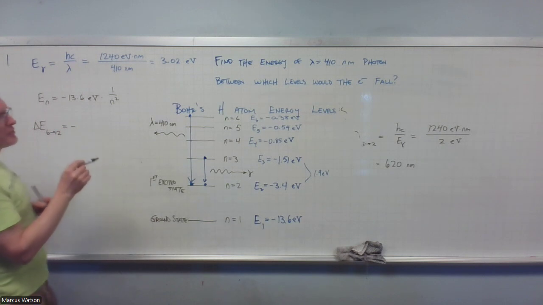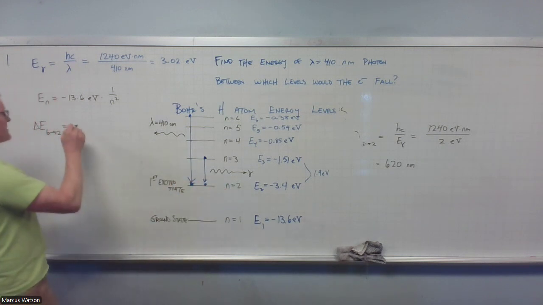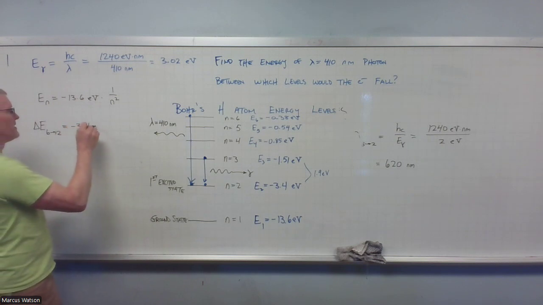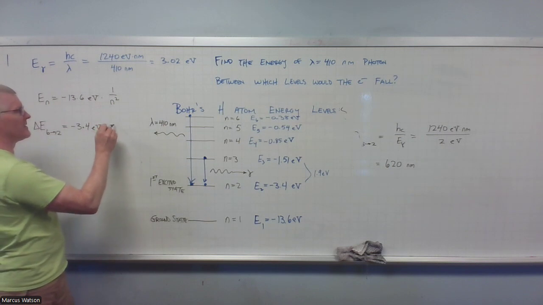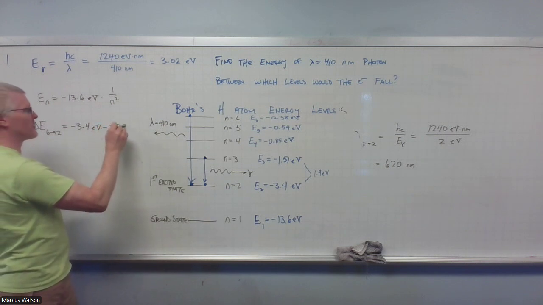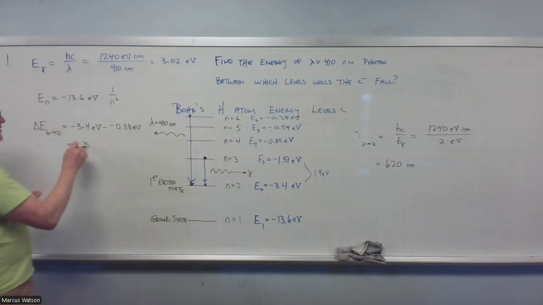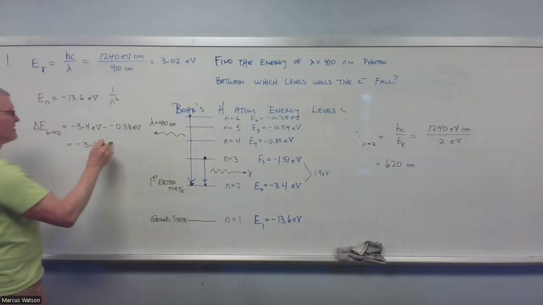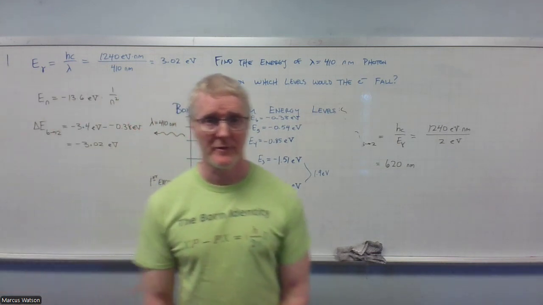Delta E 6 to 2 would be final minus initial, and so that would be minus 3.4 eV subtract, which is going to end up being positive 0.38. Right? Yeah, indeed, this is negative 3.02. All right, which is exactly what we need for the photon.